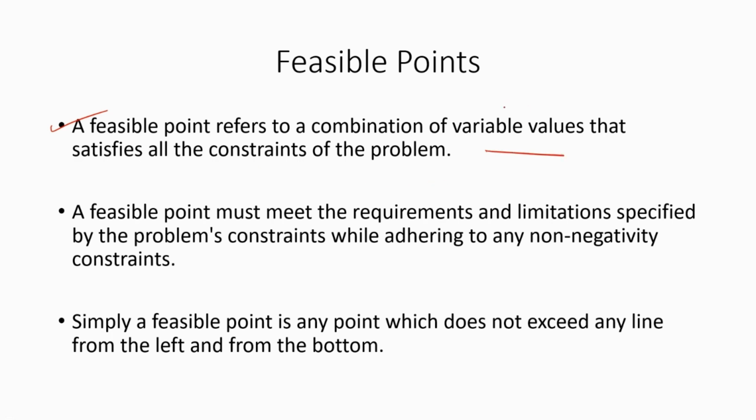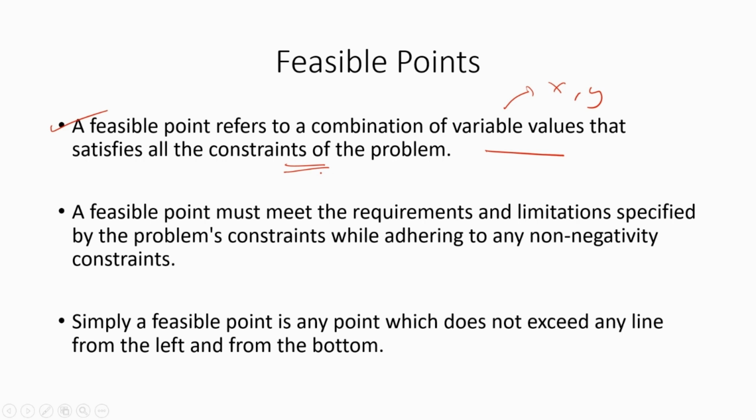Variable values means x and y values. We can find the coordinates for any point in the graph using x and y values. So a feasible point is any point that satisfies all the constraints of the problem.